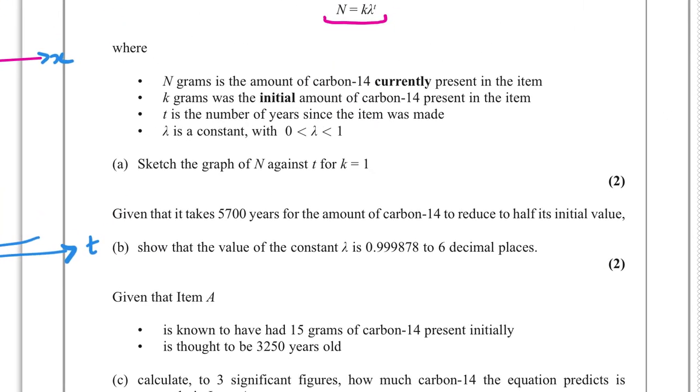So I know that the initial value is K. And if it says reduce to half of that, this is a half K. So my reduction of a half K, what does this equal? This equals K lambda to the power of 5,700. What do I have here? An equation which I can solve. So what am I going to do to both sides?